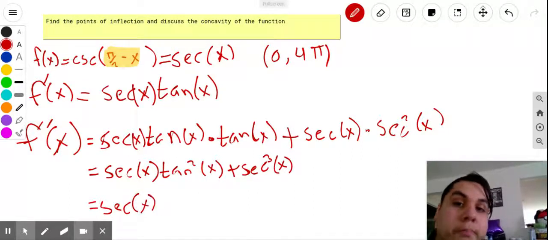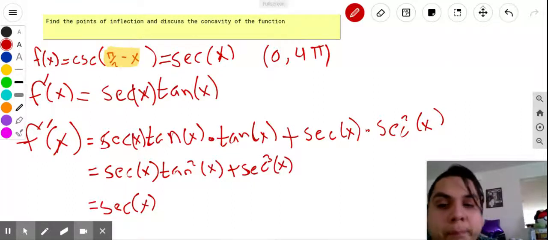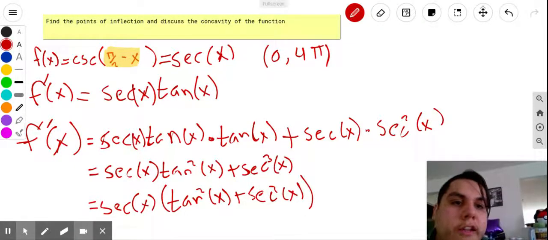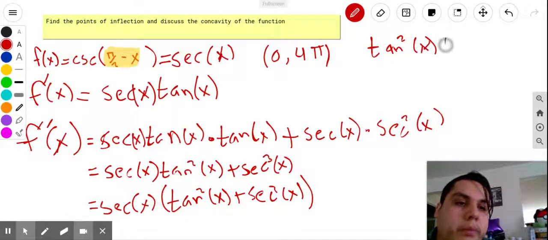Like I said, the complementary one, I just Googled because I forgot. But this one I know for sure. It would be tangent squared of x plus secant squared of x. And here's the identity that I'm going to do a little substitution with. I know that tangent squared plus 1 would equal secant squared.